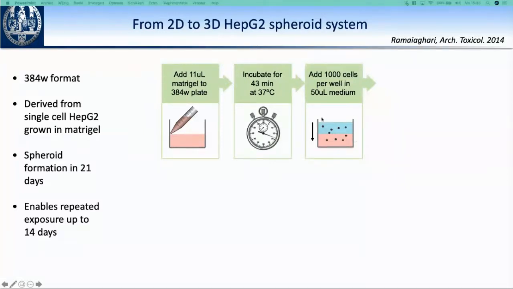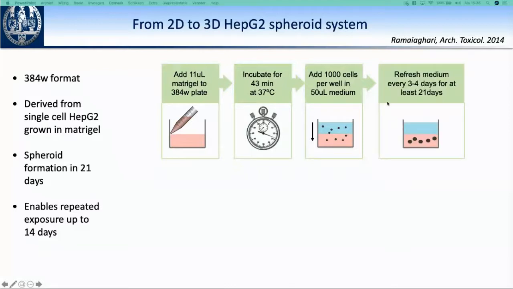This allows these 1,000 cells to sink into the Matrigel layer. But because it has already been incubated for 43 minutes at 37 degrees, they will sink into the middle of the Matrigel, so not directly to the bottom, but also not on top.